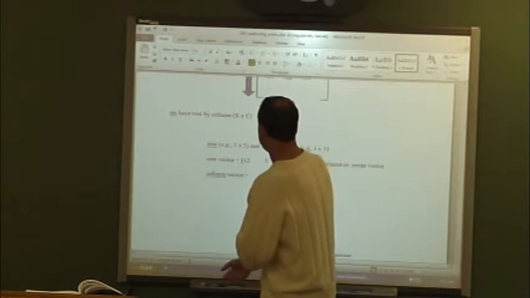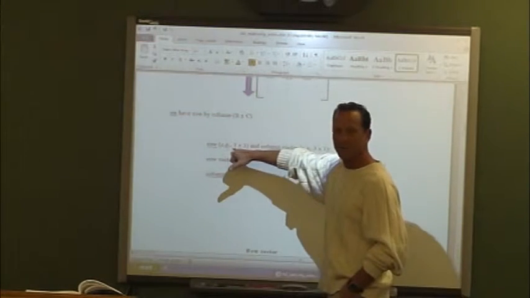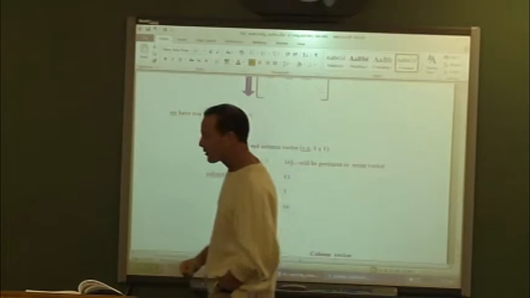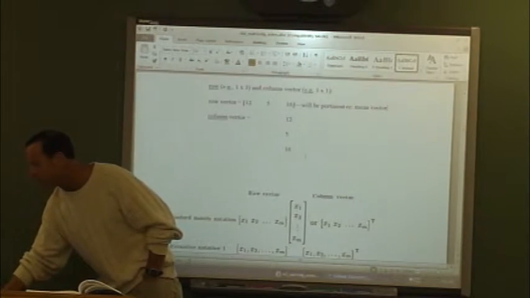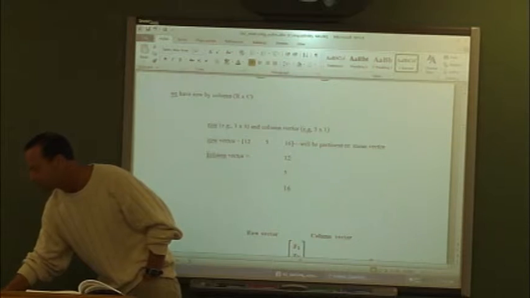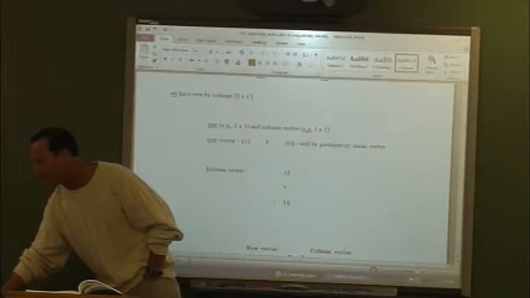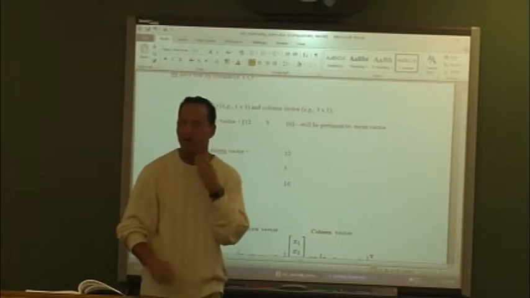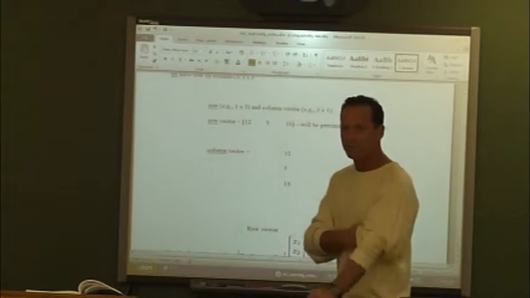And how do you know it's a row vector? Whenever you see a 1 for the number of rows. Now, what about a column vector, everybody? What type of column vector is this? It's a what by what? 3 by 1. You got it. So how many rows do we have? 3.